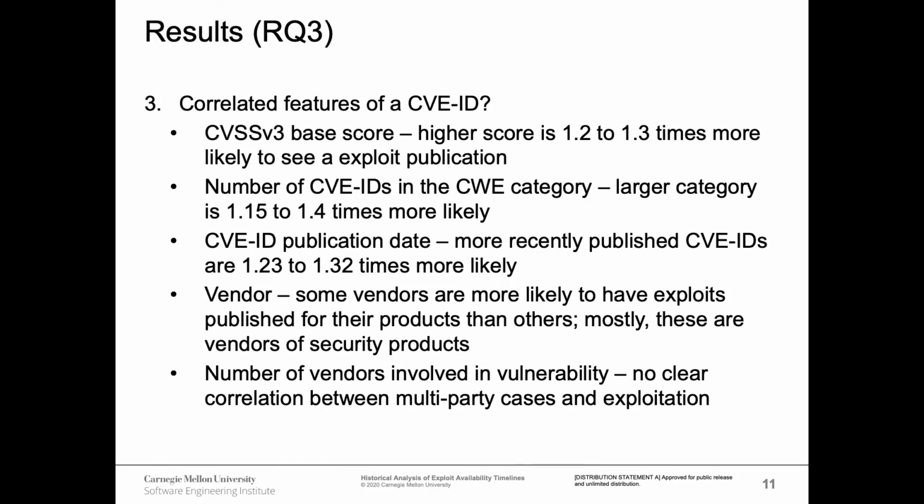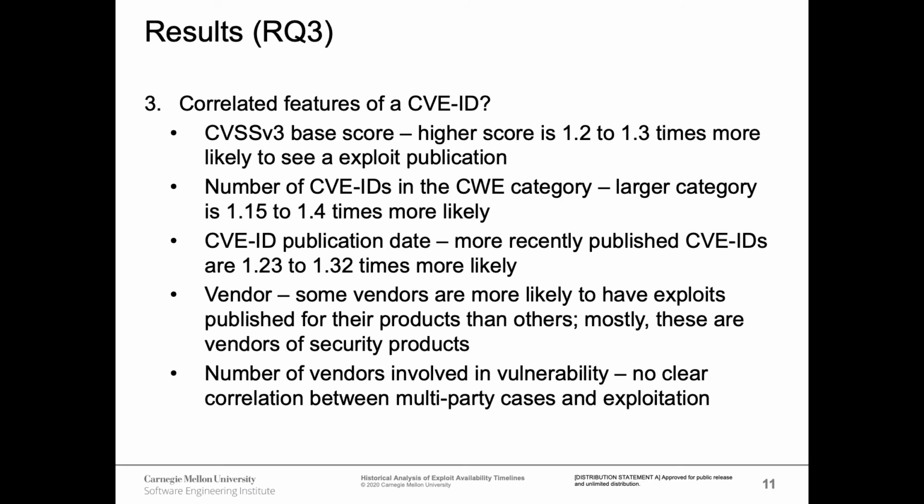There are several factors that are associated with exploits for CVE-IDs in some way or another. The CVSS base score is lightly correlated, but is positively correlated in a meaningful way. The number of CVE-IDs and the publication date both influence this positively about the same amount or slightly more as CVSS base scores.